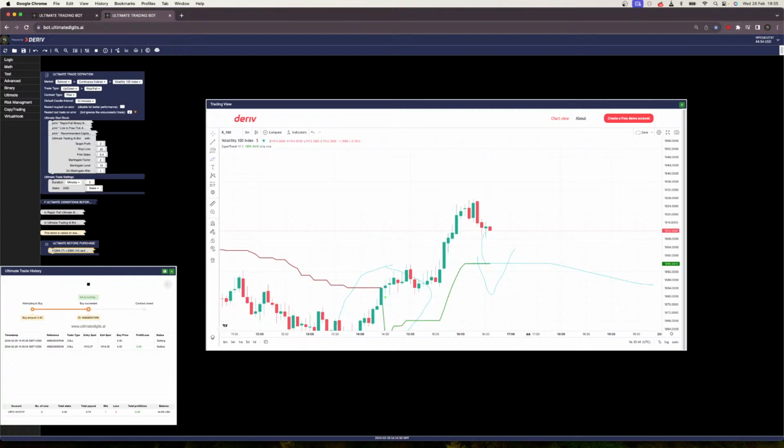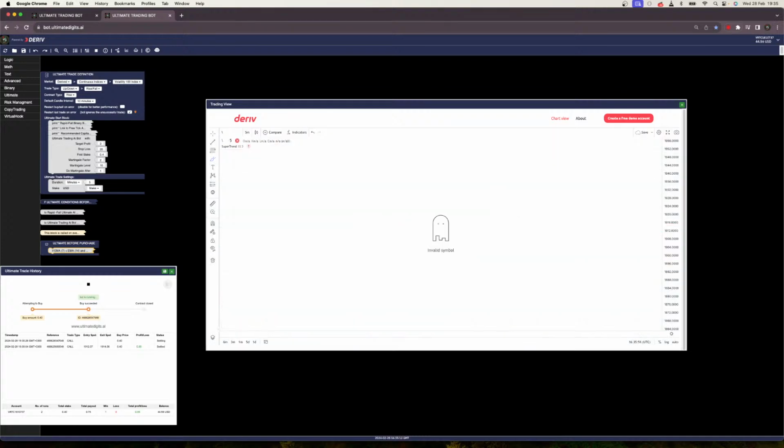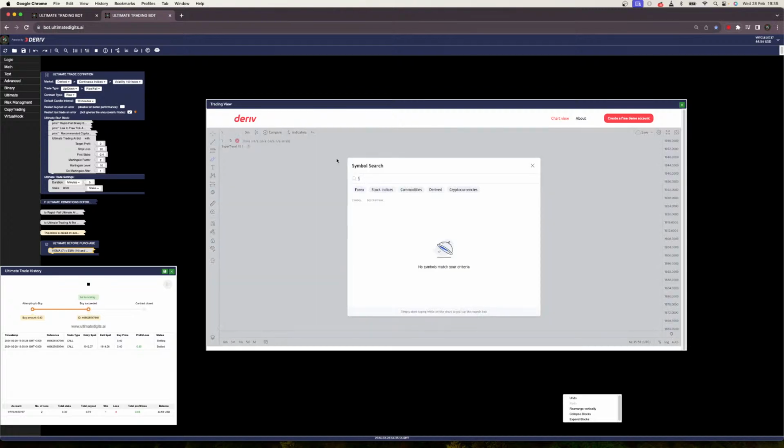Another trade has been executed on this trend. We are running on volatility 100 index there. The symbol for volatility 100 is R_100.